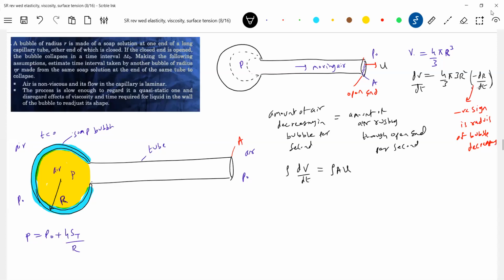Now let me substitute here for dV by dt. Rho gets eliminated. So this will be 4 by 3 pi 3r square, minus dr by dt, equals A into u. Okay, somehow I have brought the equation. Let's apply Bernoulli's theorem between these two points, inside the bubble and at the open end. Okay, applying Bernoulli's theorem.